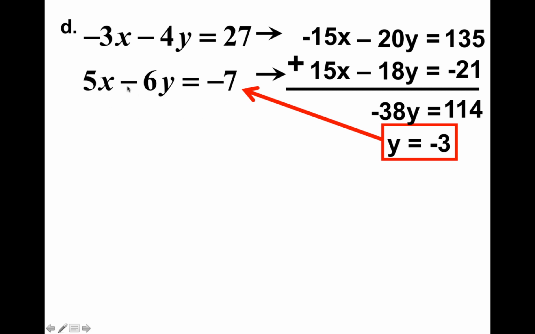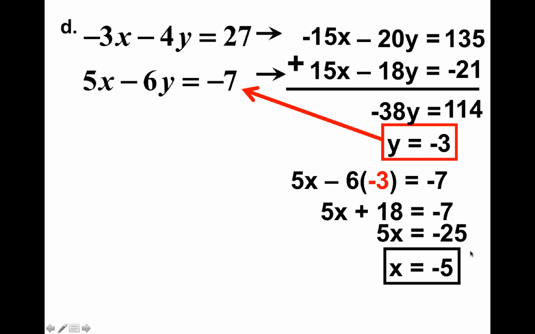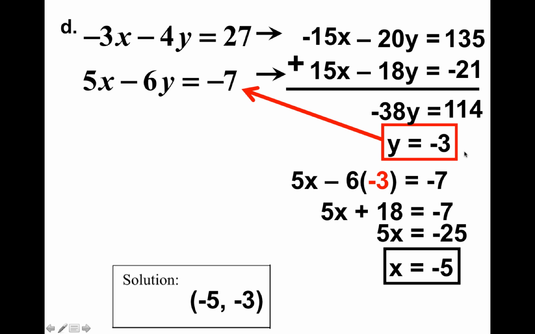So we have 5x minus 6 times -3 equals -7. So -6 times -3 becomes a positive 18. Subtract the 18 over, so -7 minus 18 is -25. And divide by 5, you get -5. The answer is x comma y, so -5 comma -3.